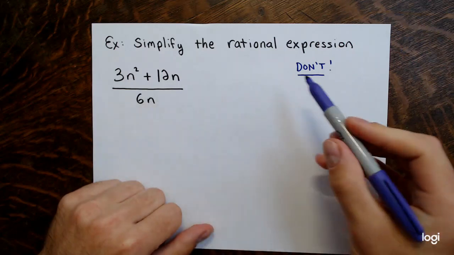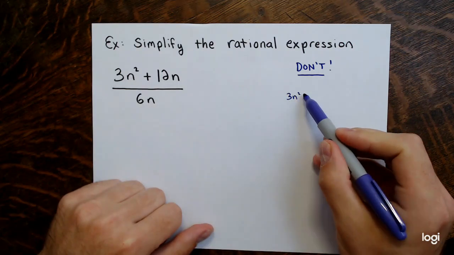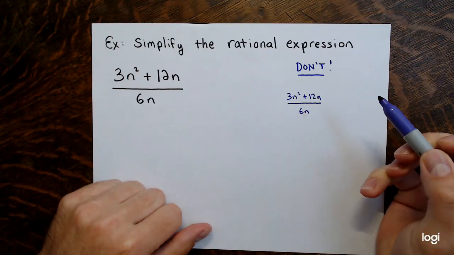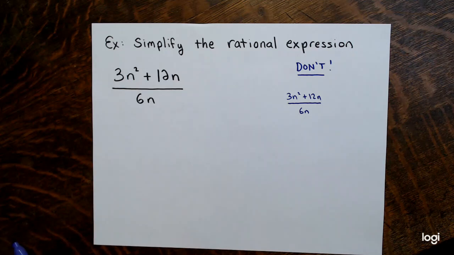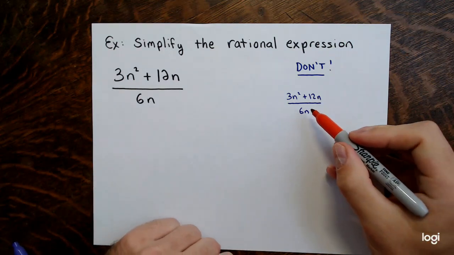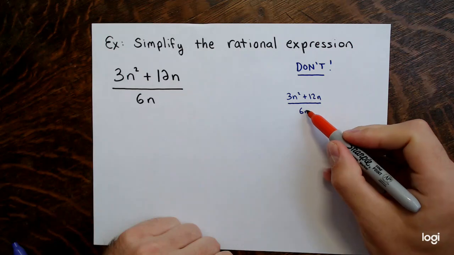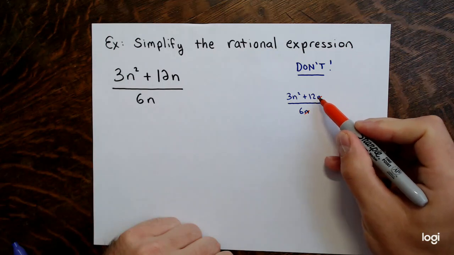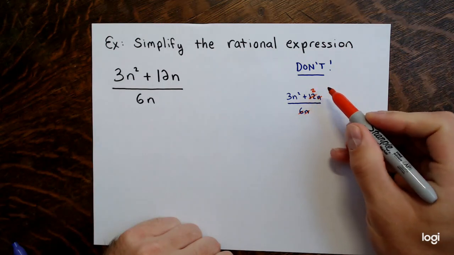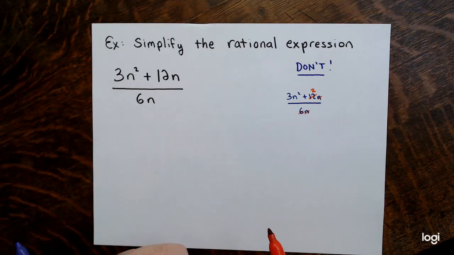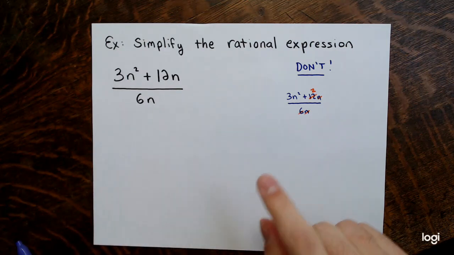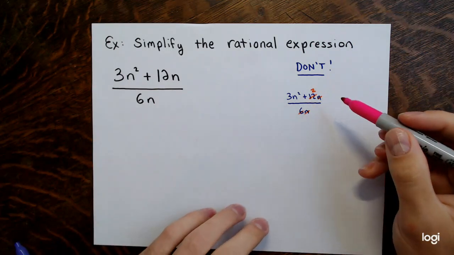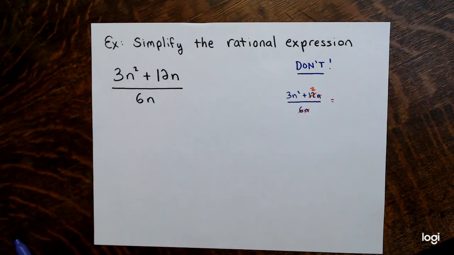Very often people do this: I have 3n squared plus 12n being divided by 6n, and people will say, hey, 6n goes into 12n twice, right? 12 divided by 6 is 2, and the n's cancel, so they cancel the n's and make this just 3n squared plus 2. That's no good, okay?